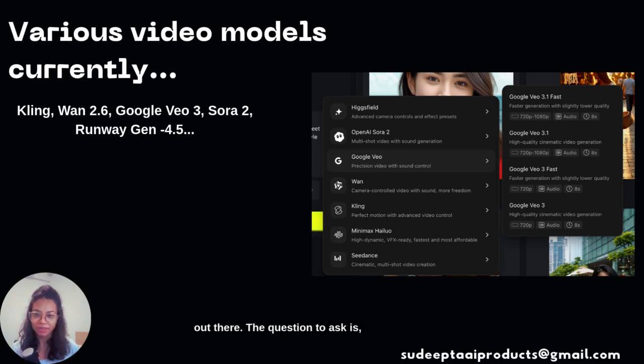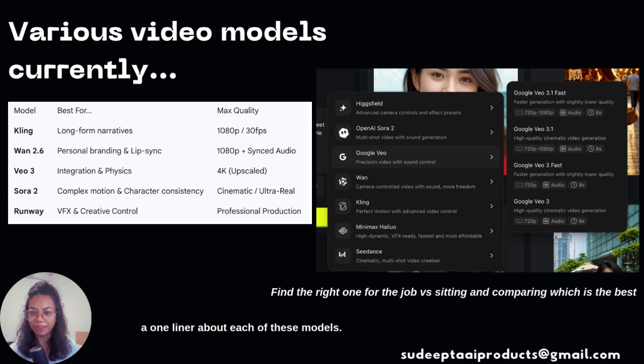The question to ask is, here's the task that I'm looking to accomplish using the model. So which model is best suited for the task that I have at hand? And here's just a one liner about each of these models. Again, find the right one for the job versus sitting and comparing which is best.